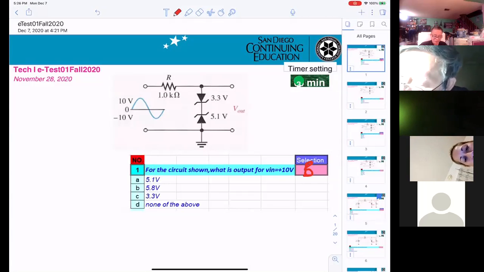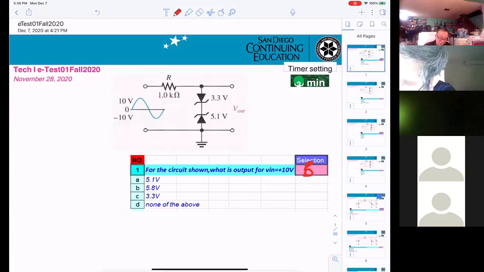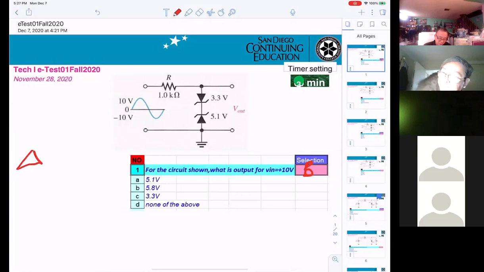Okay, now, first thing we talk about the Zener. All the time, a Zener must have a Zener voltage, for example 5.1 or 3.3.